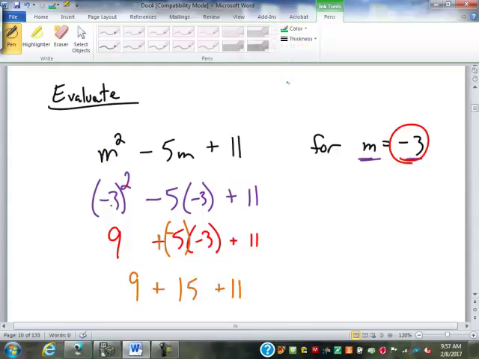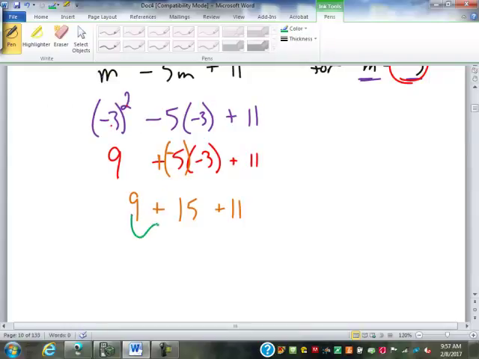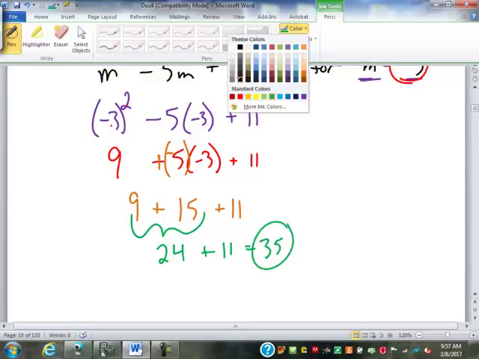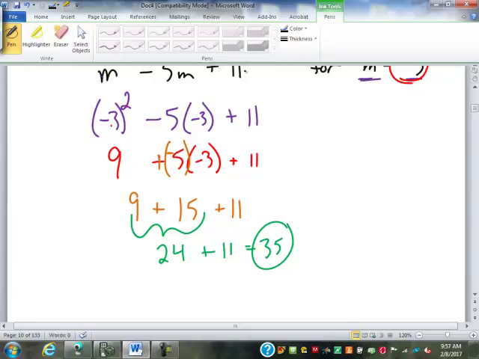Then what? Add them left to right. 9 plus 15 is 24. Plus 11, 35. Any questions? Never negative. Squared numbers are always a positive result.